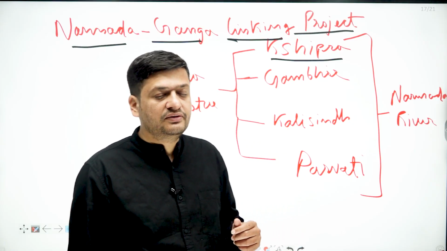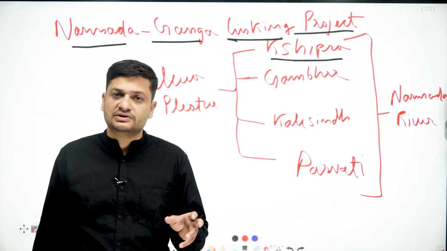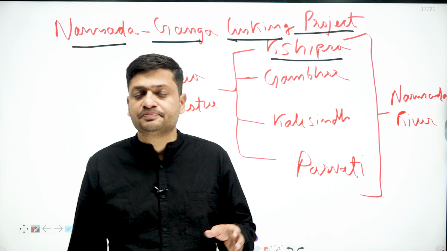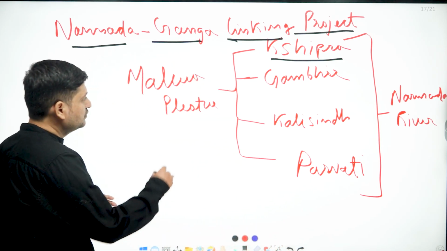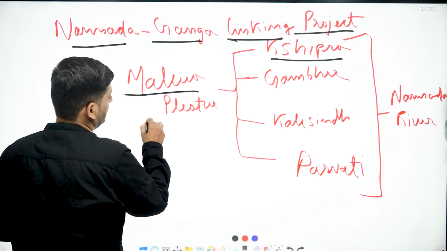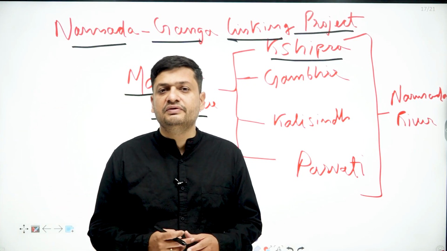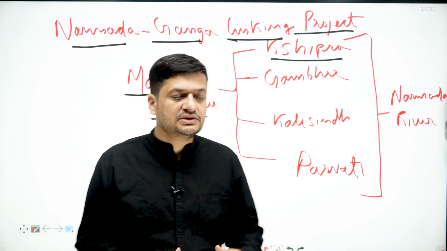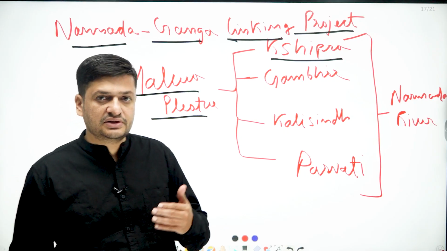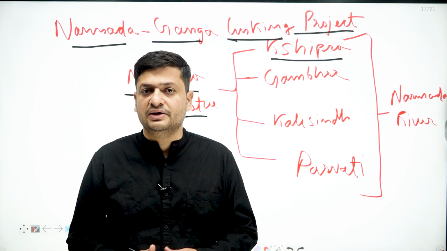Another important point of this river linking project is that it was providing irrigation facility, drinking water facility, and new life in the region of Malwa Plateau. The Malwa Plateau does not have water availability year around, and these rivers and river beds used to dry up.